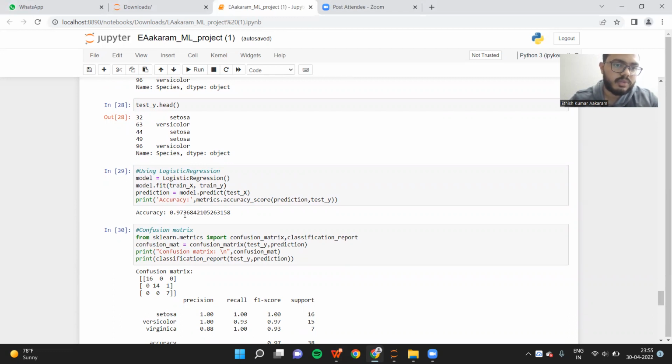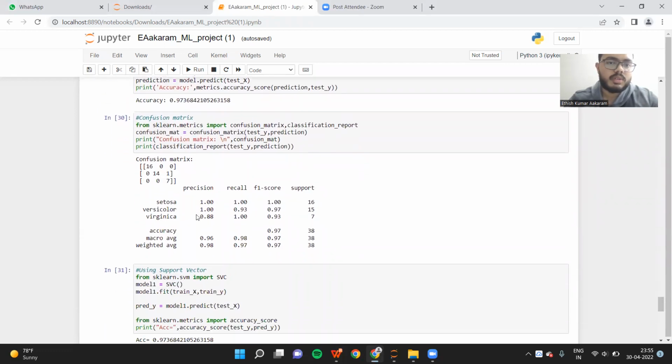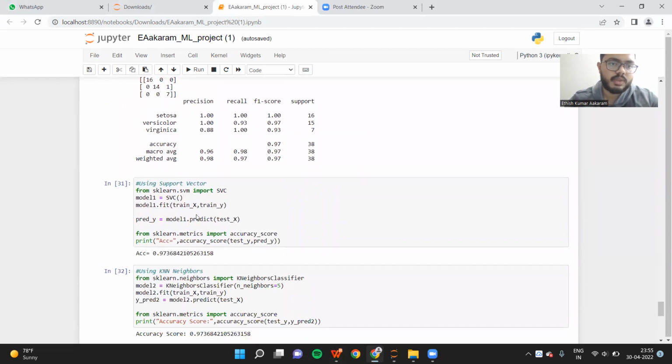and the accuracy that I'm getting on logistic regression is 0.97. That's a great accuracy, I would say. And using these as a confusion matrix, not so good on this, but that's fine.